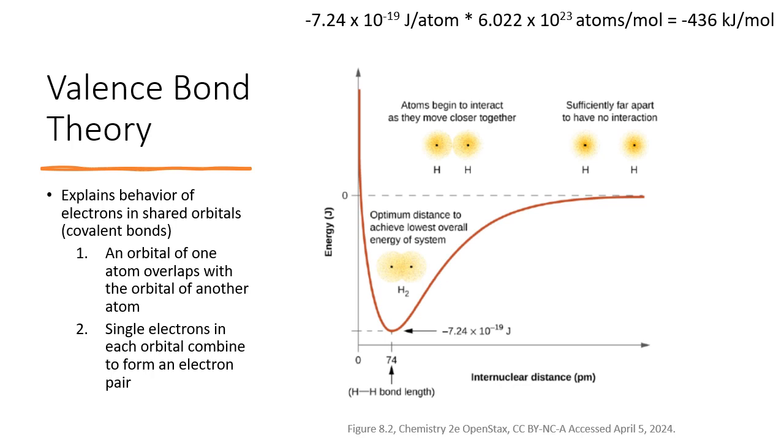And then you get the energy for a mole of those hydrogen molecules forming. For 1 mole of these bonding, it's negative 436 kilojoules per mole, which is not a trivial amount. So per single bond, yes, it's tiny. Per mole, it's a respectable amount.